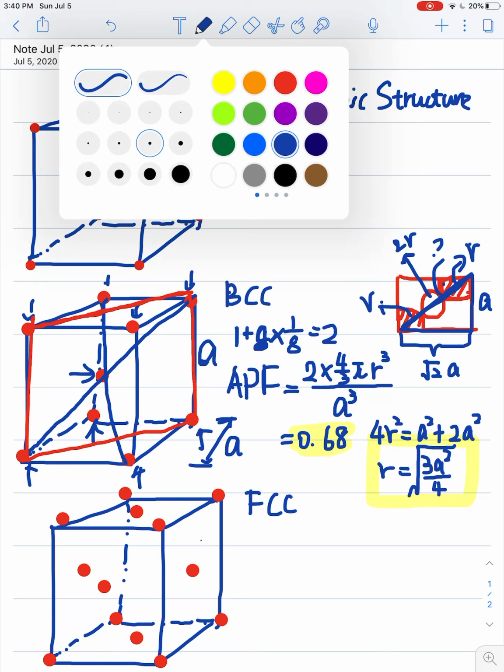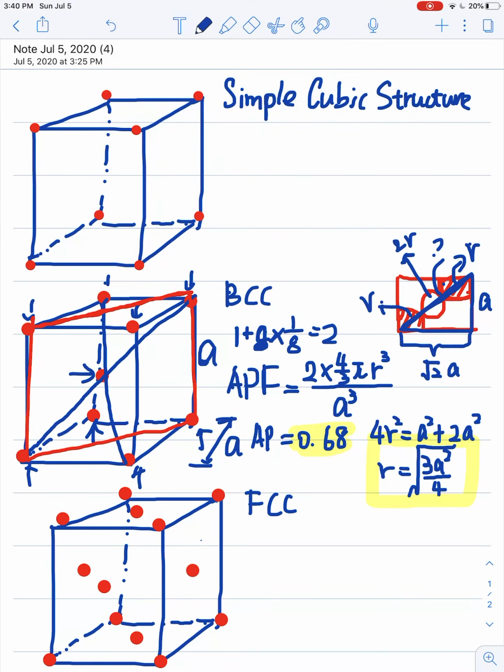Therefore, for BCC structure, our APF is 0.68. So it doesn't matter what your length of the unit cell or the value of the radius is, the ratio is going to be a fixed number.